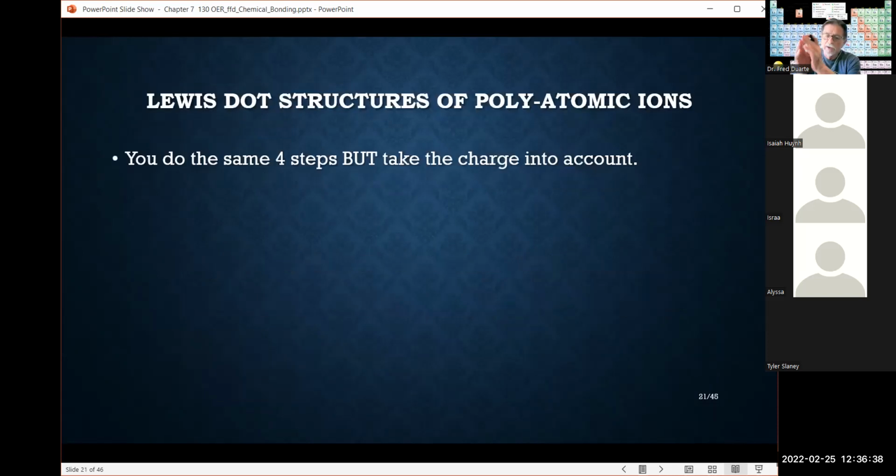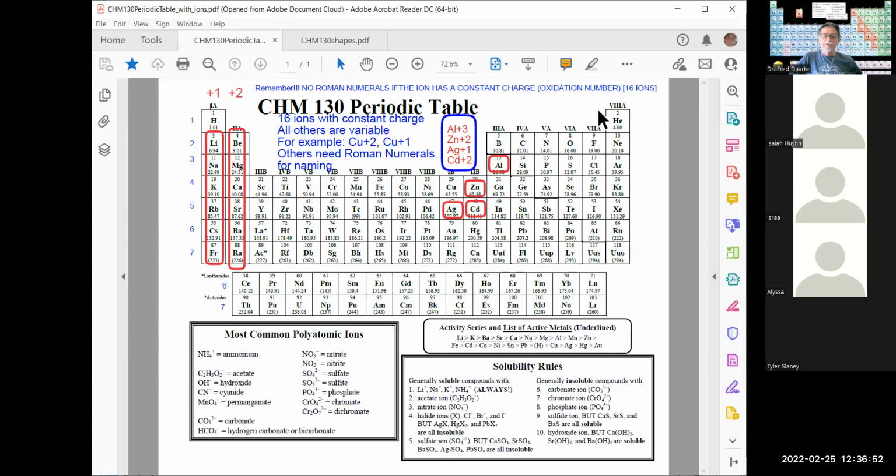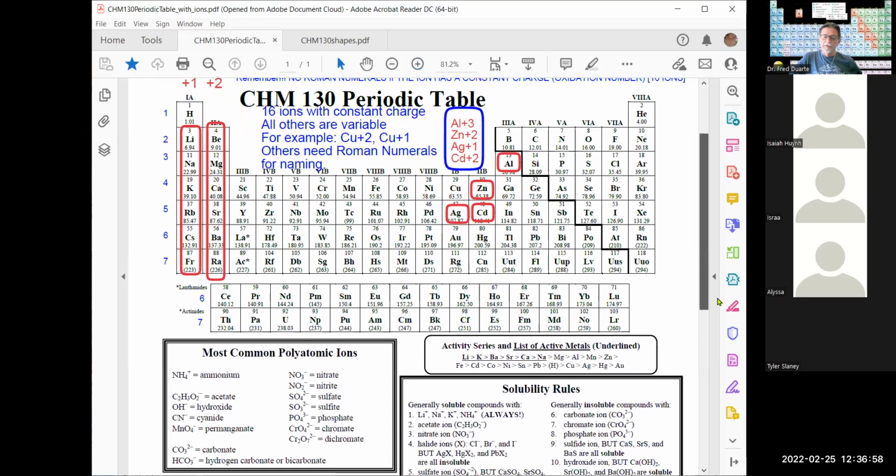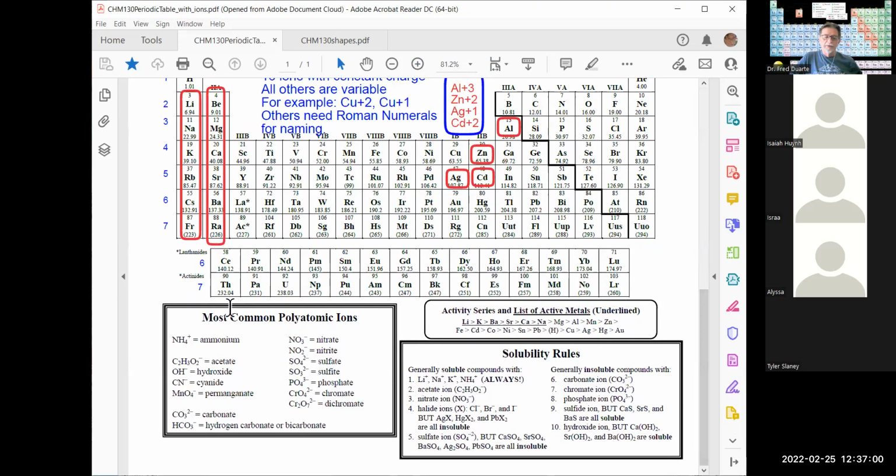Now we're going to talk about Lewis dot structures of what we call polyatomic ions. Let me introduce that. You're going to become familiar quite a bit with these polyatomic ions. If you look at the periodic table on the bottom left corner, there is another table, and it's listed as most common polyatomic ions.